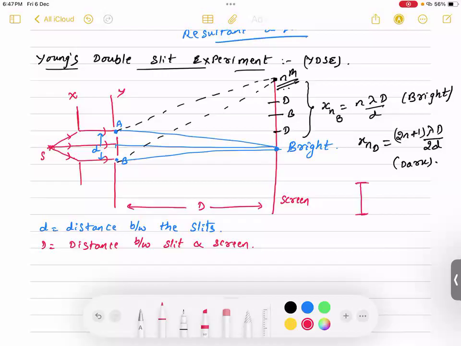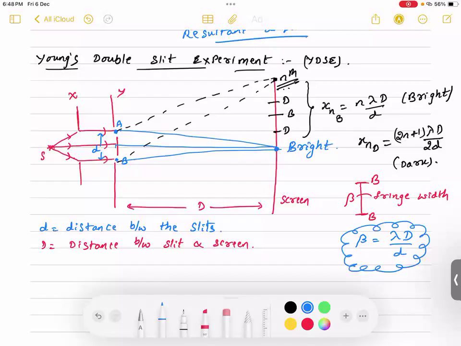This distance is called the fringe width. What's the formula for the fringe width beta? It is lambda D by d. So the fringe width is given by lambda D by d.